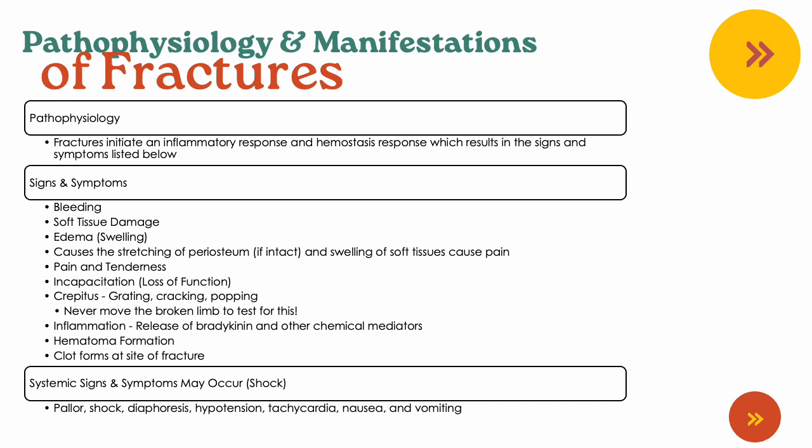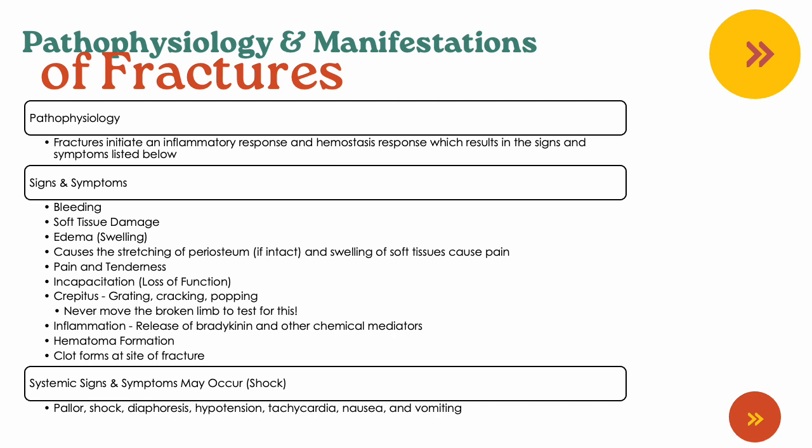You do have bleeding in the area of the fracture, and you may even have soft tissue damage on the skin. Of course, you're going to have edema, you're going to have swelling, and then there is some stretching of the periosteum, and even that soft tissue, that can cause pain and tenderness. As I've mentioned, you have incapacitation or loss of function.